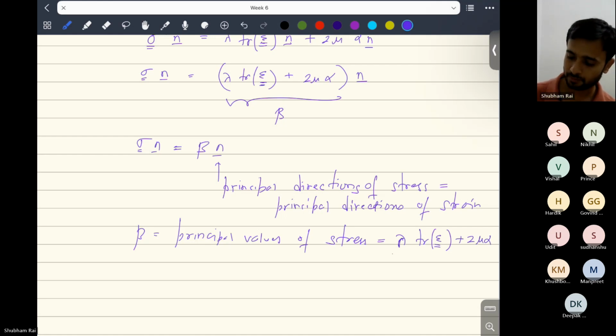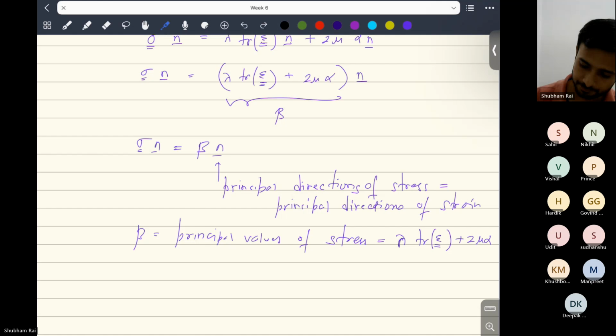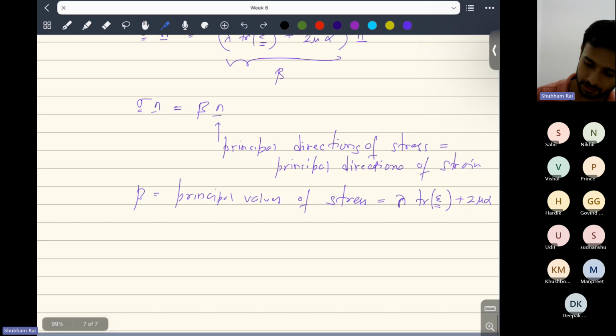Okay, so now we have proved that for isotropic materials, the stress and strain have the same principal directions.